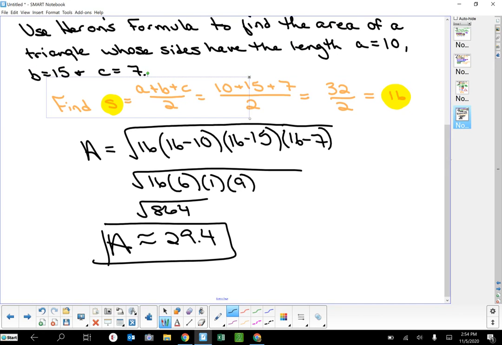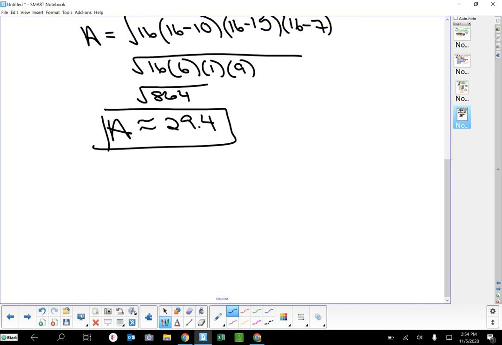There is another example of an area formula for triangles, though, that you're going to need if you don't have all three sides of the triangle. You can shortcut your work. I could be really mean and make you go find all of that stuff, but there's an easier one. So it looks like this.